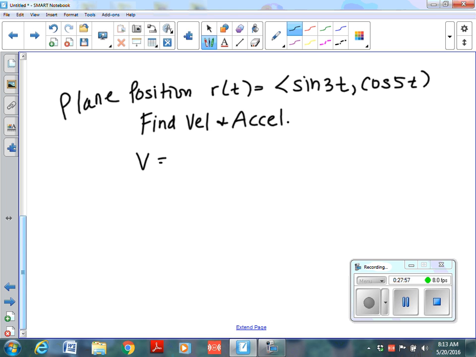So, velocity is equal to, okay, but all we're going to do is find the derivative of both of these, and that's pretty much you're done. But you notice you have to use the same rule to do it. The derivative of sine is cosine. Leave the inside alone, and then take the derivative of 3t, which is 3. The derivative of cosine is negative 5 sine of 5t.